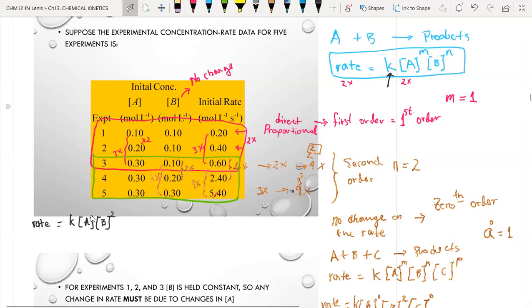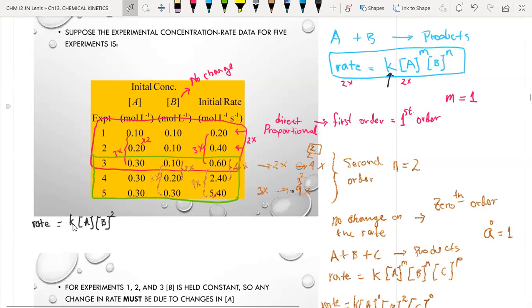So first order with respect to A and second order with respect to B. We already know these values, these numbers. Now we can find this one because we already know this, we know this, we know this, and we know the exponents. And that's easy because we have all the information we need.